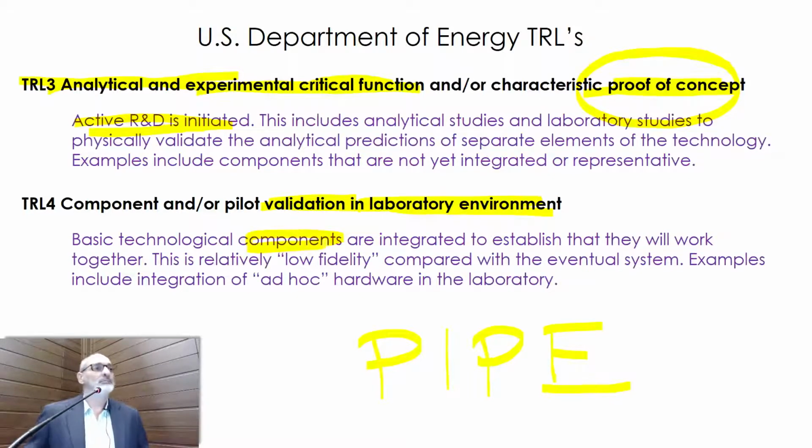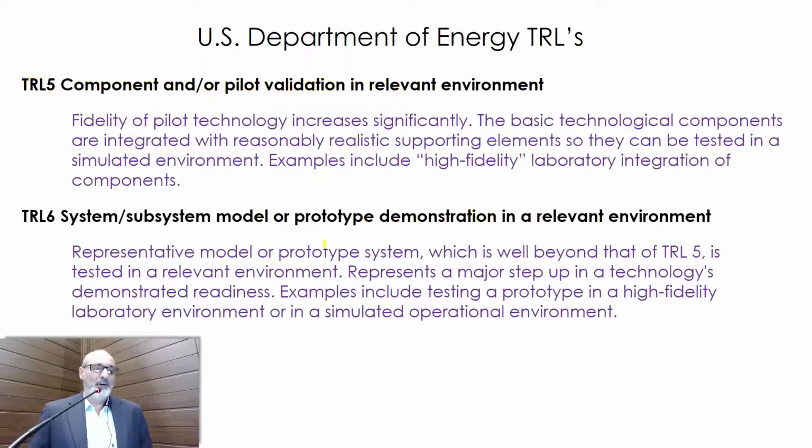So a pump, well, you're not sure that the pump is going to work with this kind of fluid, so you start testing components. TRL5, you have what we call a relevant environment, so you test the pump with the fluid in the conditions that you suppose are going to happen during the intended application.